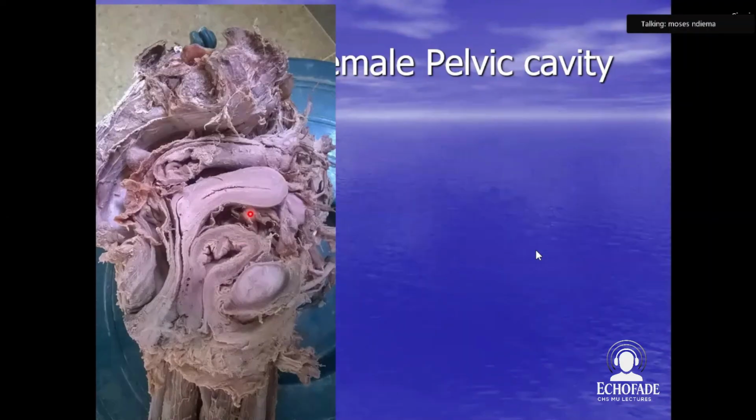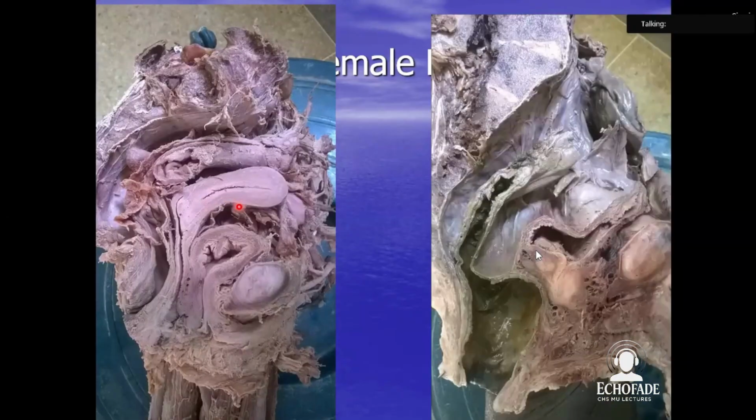But just to look at this diagram, and as we are going to describe the structure, you will note that it is covered by a peritoneum, and then the broad ligaments that attach it to the posterior abdominal wall. This is a different section.